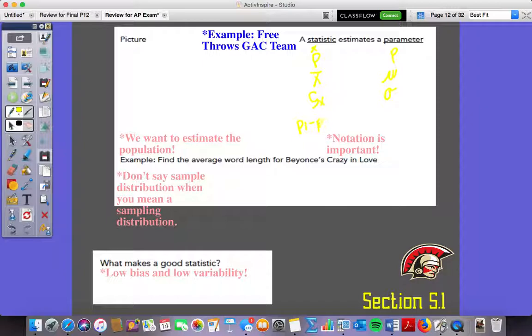P1 hat minus P2 hat is estimating the true difference of P1 minus P2, and so on and so forth, right? All of these estimate my population. A lot of times we don't know the population, so we use a statistic to estimate it. That's when we move into the sampling distribution, which eventually moves into my 4-step process.